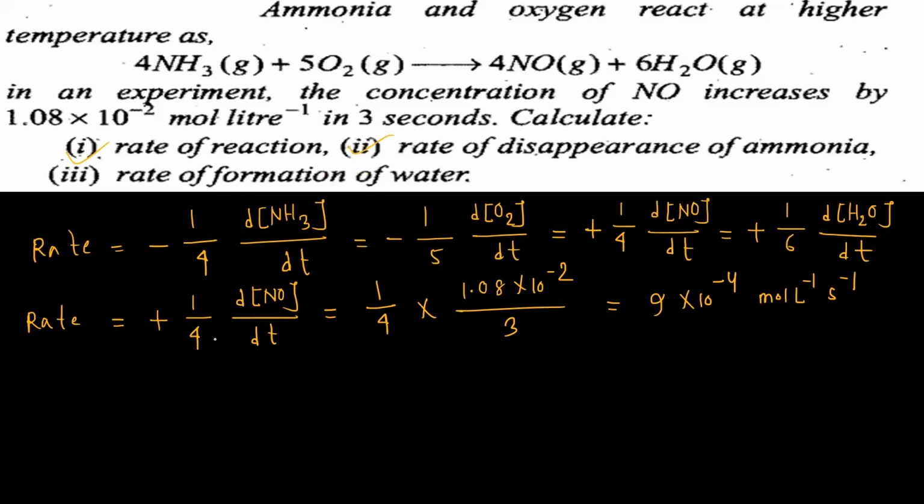The second one is rate of disappearance of ammonia. So negative sign d of NH3 on dt is equal to 4 multiplied by rate of reaction.